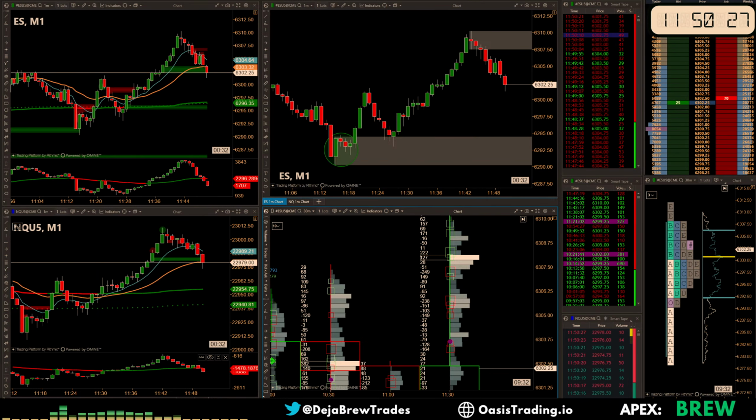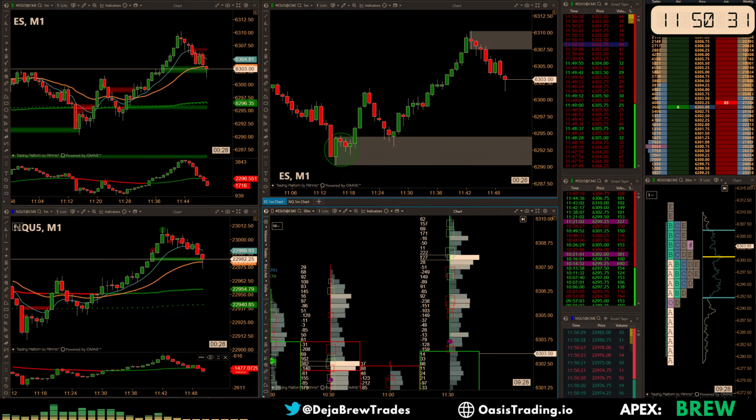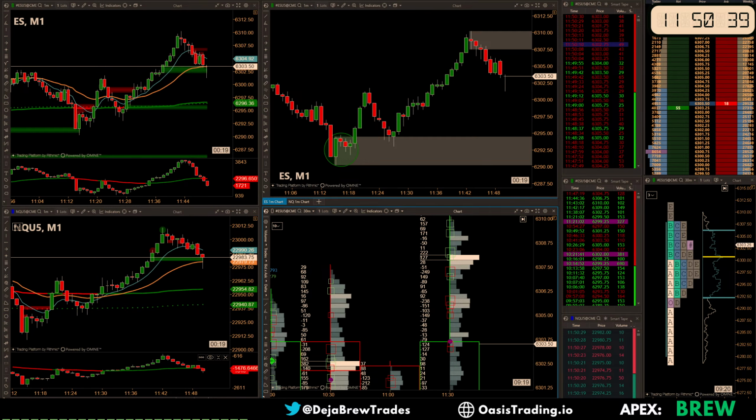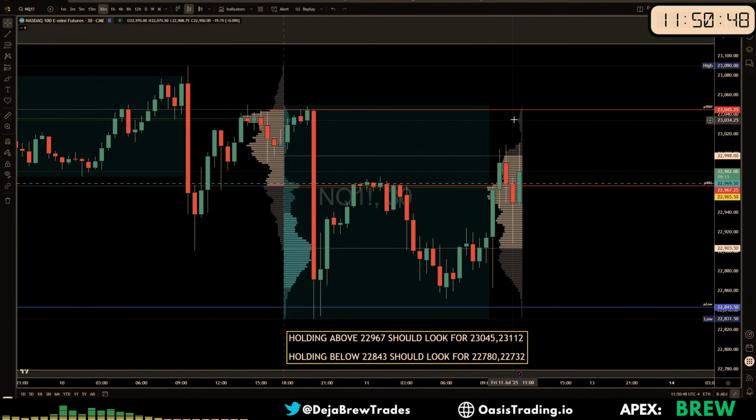Okay, levels to keep an eye on. As I said earlier, you had the poor high, that target was hit. You have the single prints, that's around 13 to 14. And you have the value retrace, and that's mostly on NASDAQ. I believe the level is 47, 45 excuse me, the level is 45.